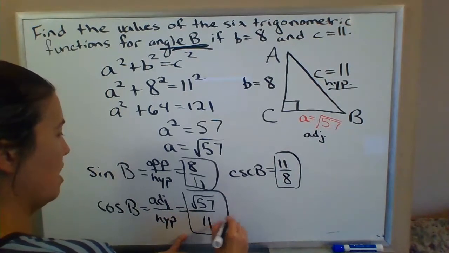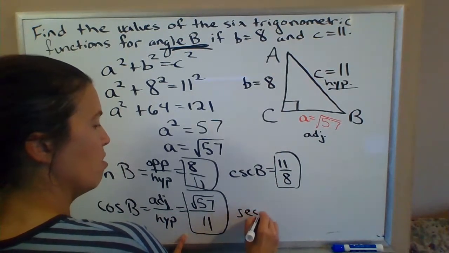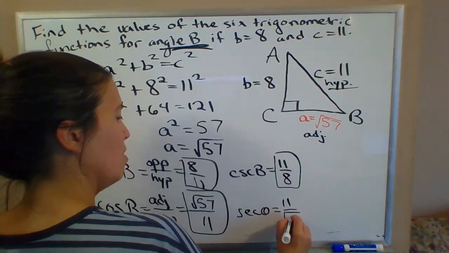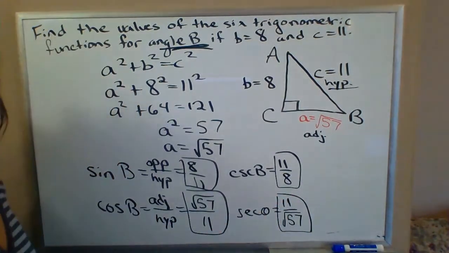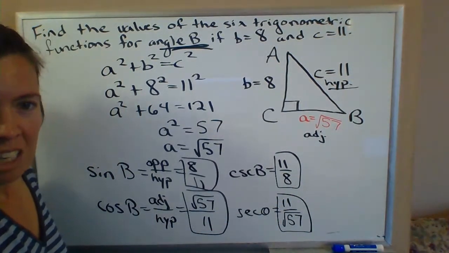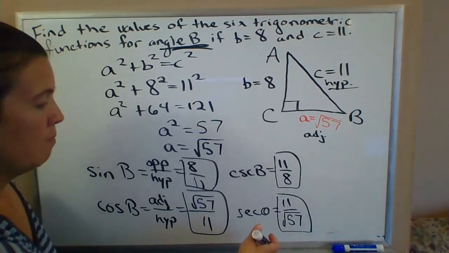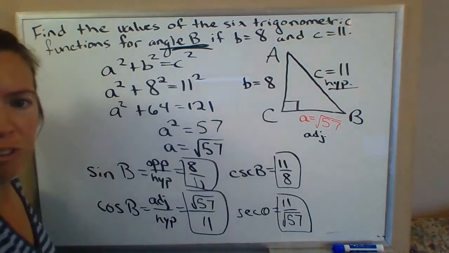So if cosine is square root of 57 over 11, then secant is the reciprocal function. So that'll be 11 over the square root of 57. And I'm not going to worry about rationalizing denominators in this video. On exams, when you're writing your answers, it's fine with me if you leave radicals in the denominator.